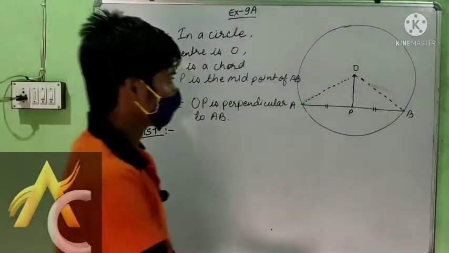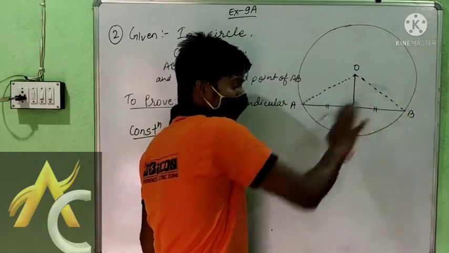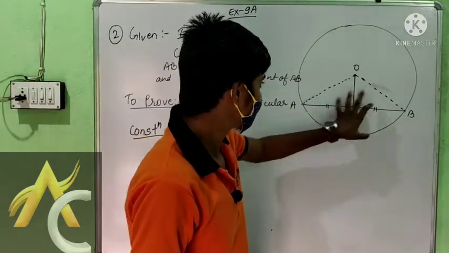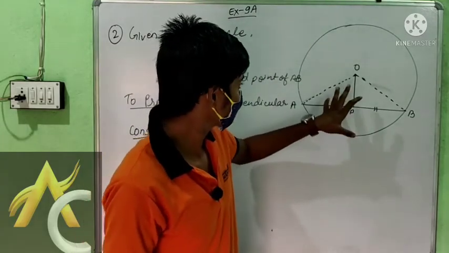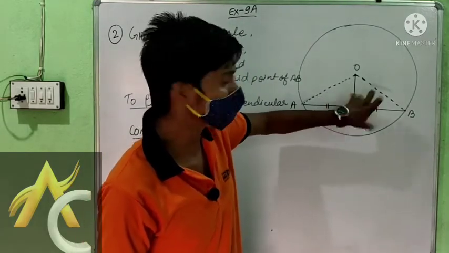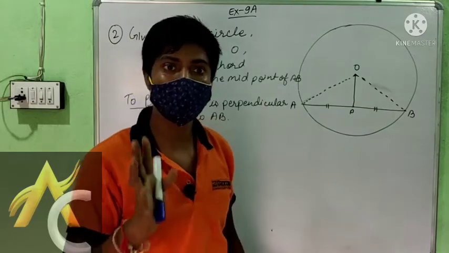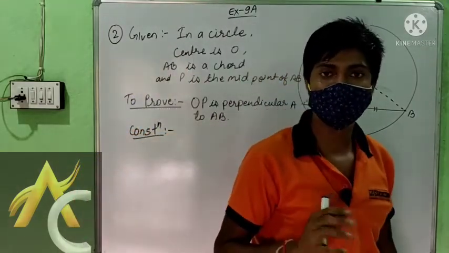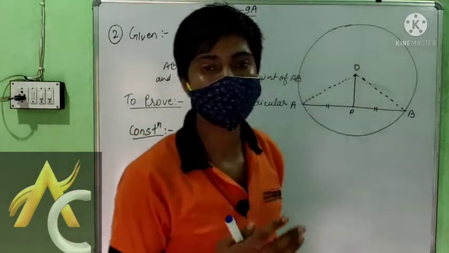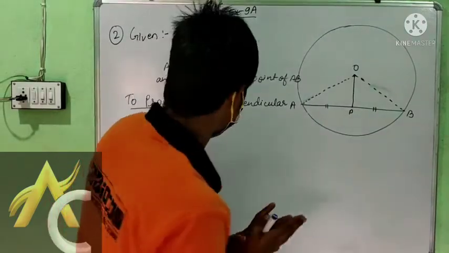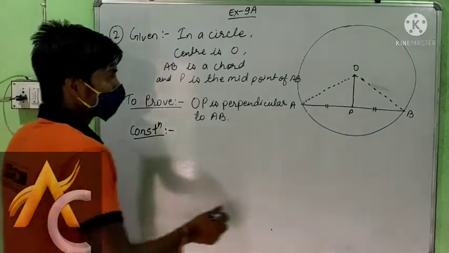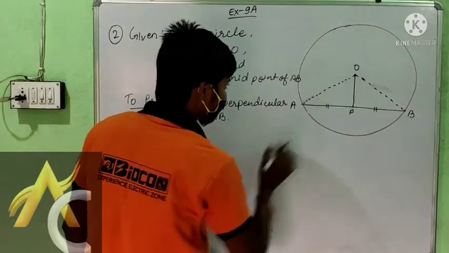To prove that, we will join OA and OB so that it forms two triangles. If you have already seen our previous video, then you are familiar with how we prove whether two triangles are congruent or not. So we are going to take this and this triangle.